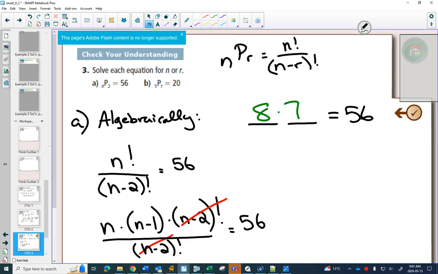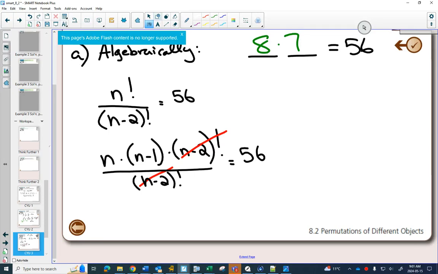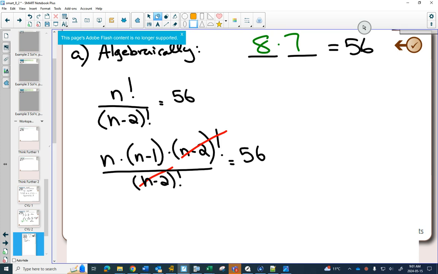And now the whole idea of algebraically with factorials, you want to expand the bigger one so that your factorials can go away. Once they've gone away, now what are we left with? We are left with a quadratic equation. N times n minus 1 would give me n squared minus n equals 56.